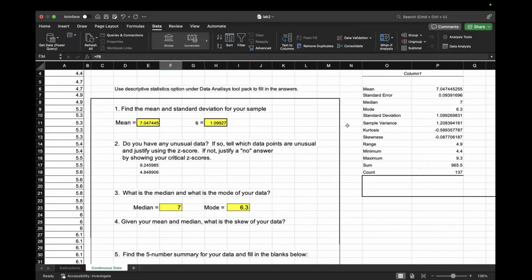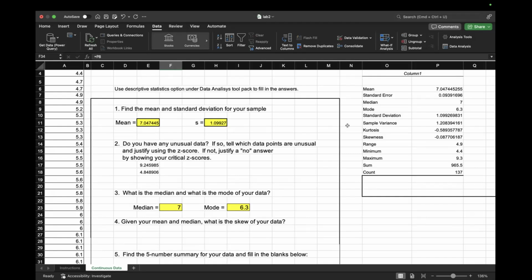So for lab 3, we'll be doing lab 3 on Thursday. On lab 3, you're going to need two variables that are on the same thing. For example, you could use somebody's shoe size and their height.